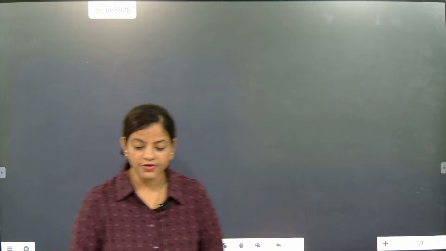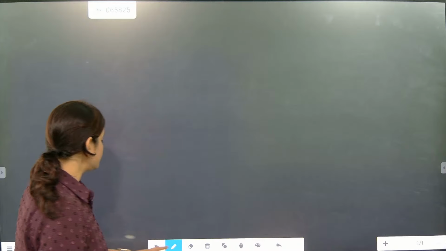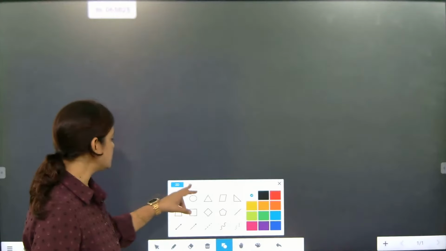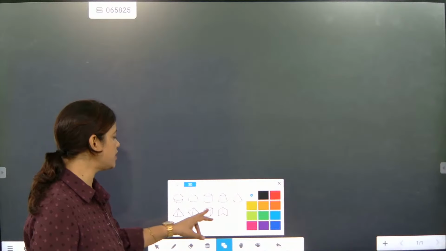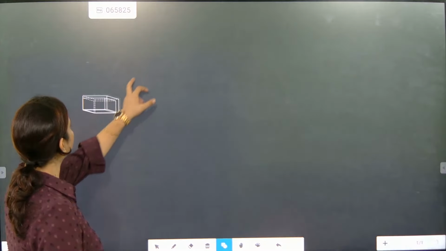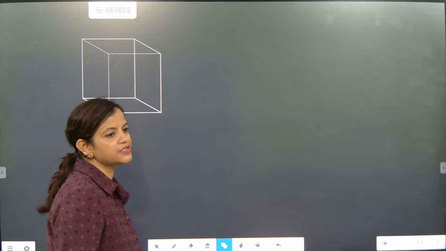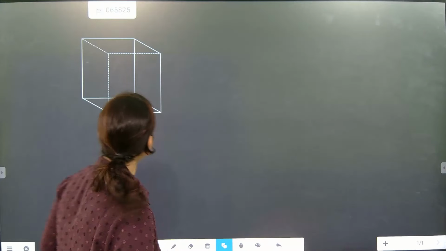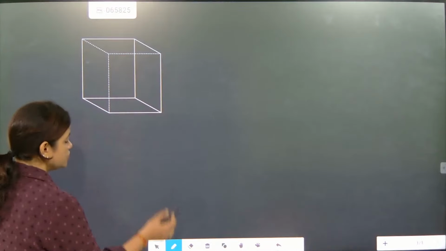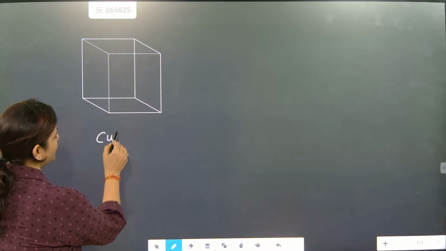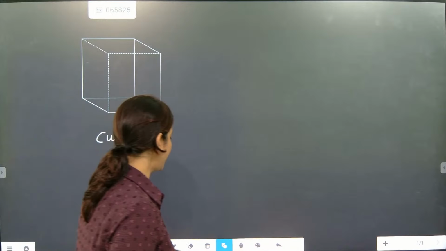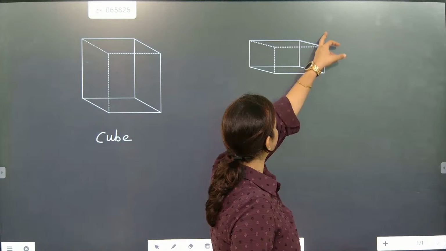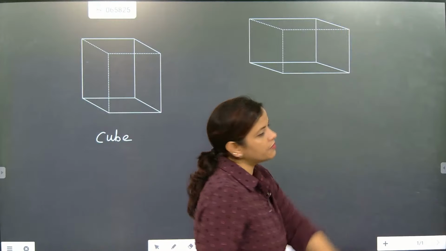Okay, so now we are going to start the class. Get ready for it. Now we are going to discuss some three-dimensional figures. So the first figure is a cube. When you draw a cube, this is considered a cube. If we extend it like this, it will become a cuboid.